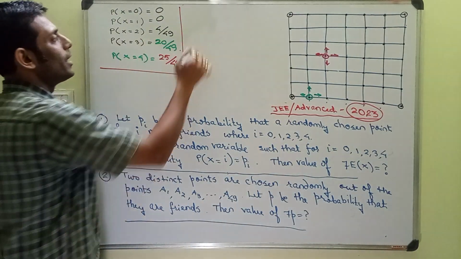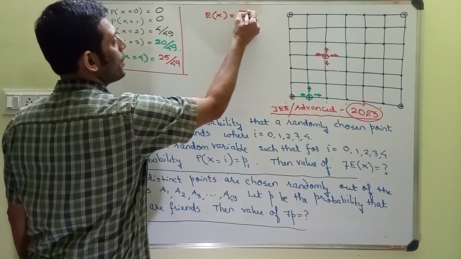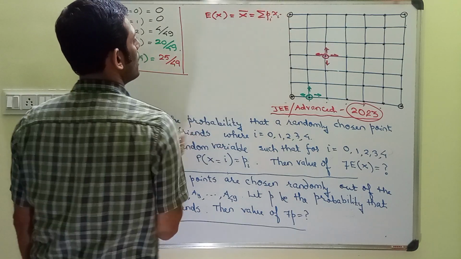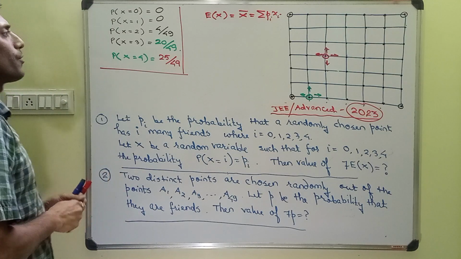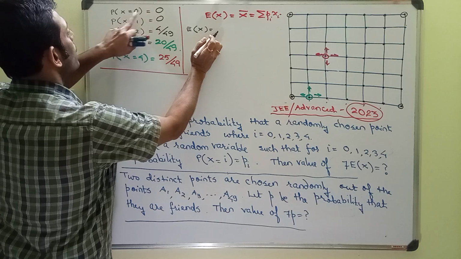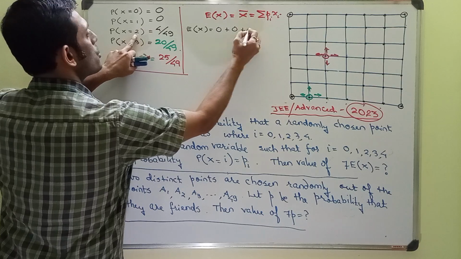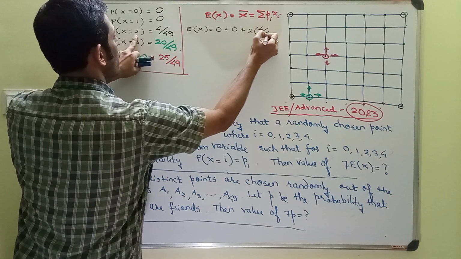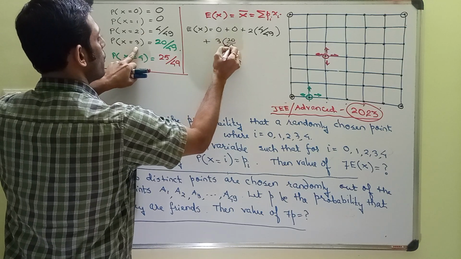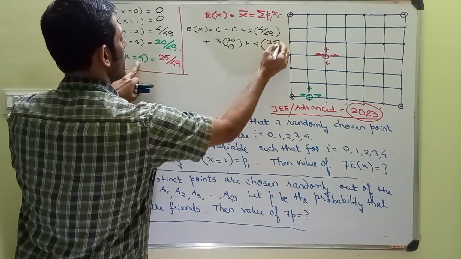Now dear, theoretically speaking, expectation of a variable is equal to mean of the variable is equal to summation of Pi xi. And therefore, your expectation value is going to be, simply speaking, 0 into 0, 0 into 1 plus 2 into 4 by 49 plus 3 into 20 by 49 plus 4 into 25 by 49.